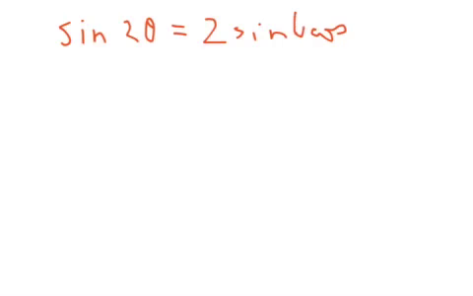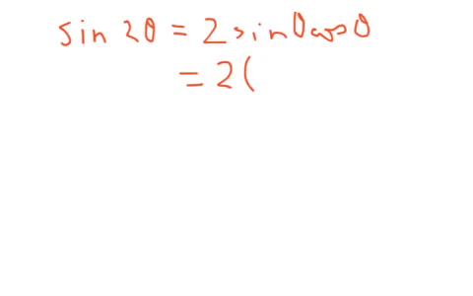The first one is we're going to find sine of 2 theta, and we're going to use our formula. This is a very important formula, by the way. You'll use this in calculus quite a bit. So sine of 2 theta is 2 sine of theta times cosine of theta. So you just plug it in.